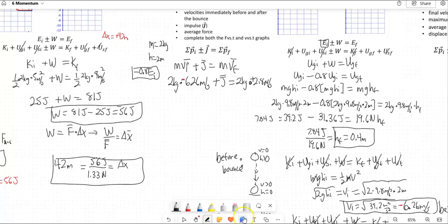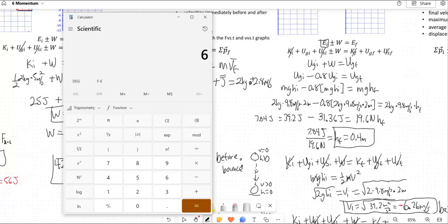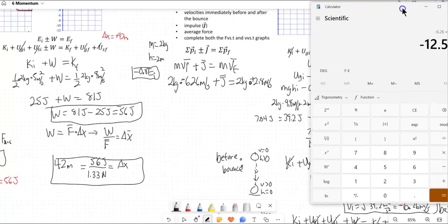So let's go ahead and get our calculator and start calculating. So negative 6.26 times 2. So negative 12.52.